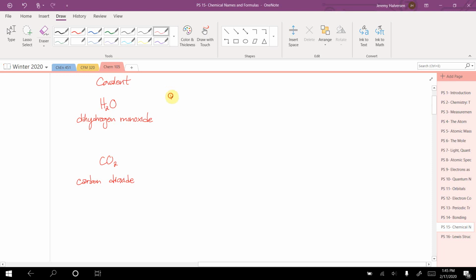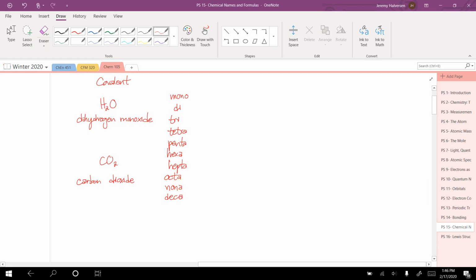The prefixes you should know: mono, di, tri, tetra, penta for 5, hexa, hepta, octa or octo, I don't know, and then nona, deca. You see that all of these have vowels at the end of them.